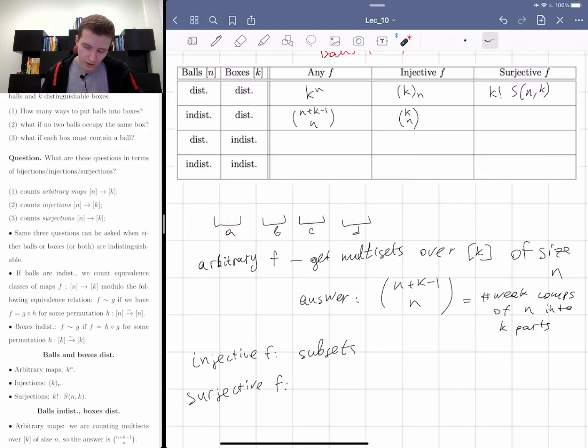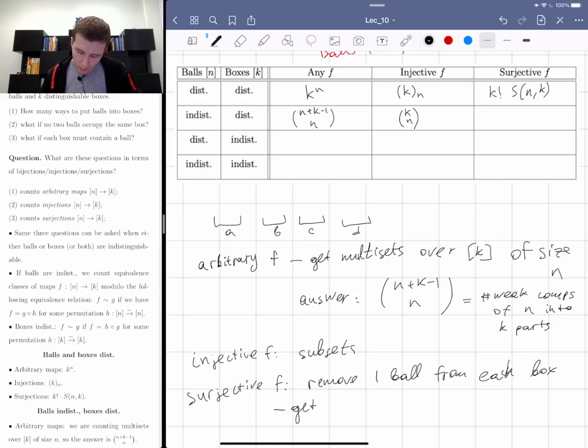So the idea is you can remove one ball from each box, similarly to what we did with weak compositions versus just compositions. Instead of having n here, you will get n minus k.